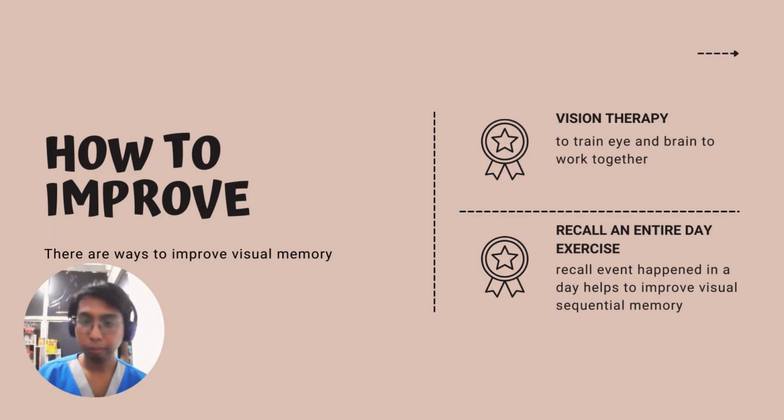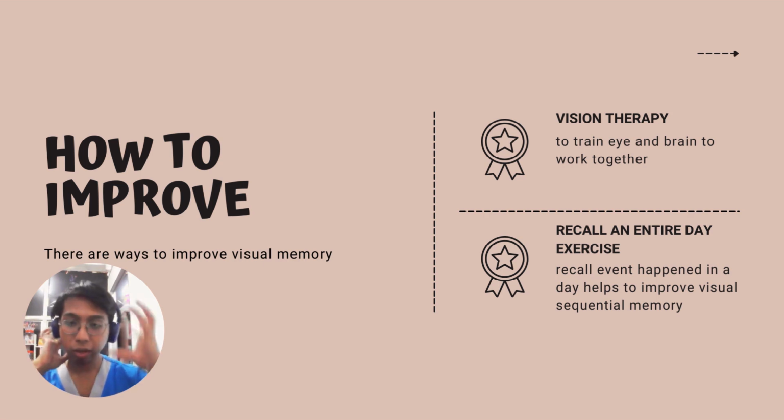So how to improve? There are ways to improve visual memory. There are a lot, but I would like to talk about two things. The first is vision therapy, which helps to train the eye and brain to work together. Remember, in other words, the oculomotor system, the ability for our eyes and brain to work together.